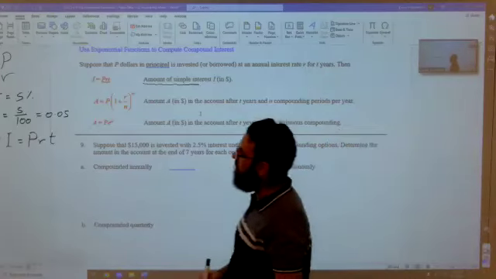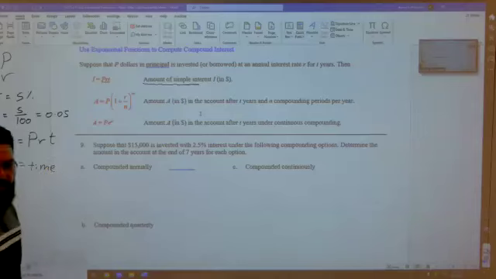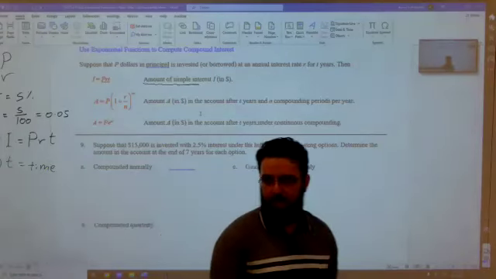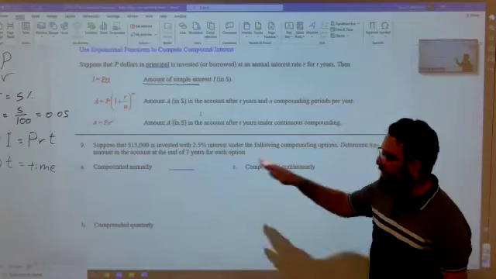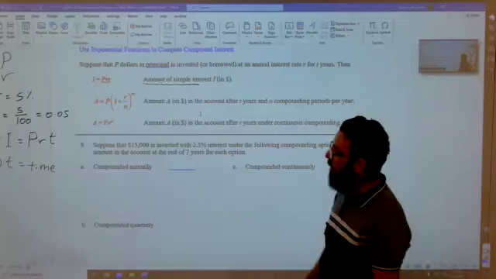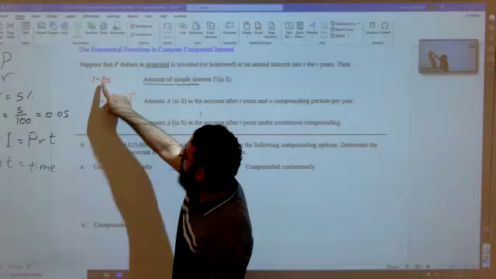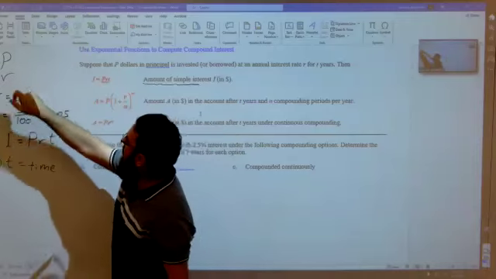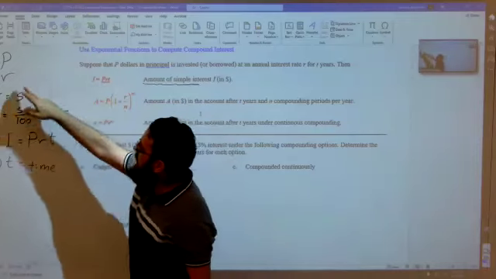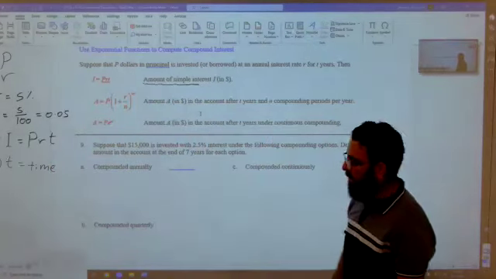T is the years. So let's add down here, T equals time. Years, 2 years, 5 years, 600 years, it doesn't matter. Every time they're going to tell you, put it T as the time. Is that okay? So as a simple interest, I equals P, the deposit, R, the interest, T, the time. We're going to do an example about that.